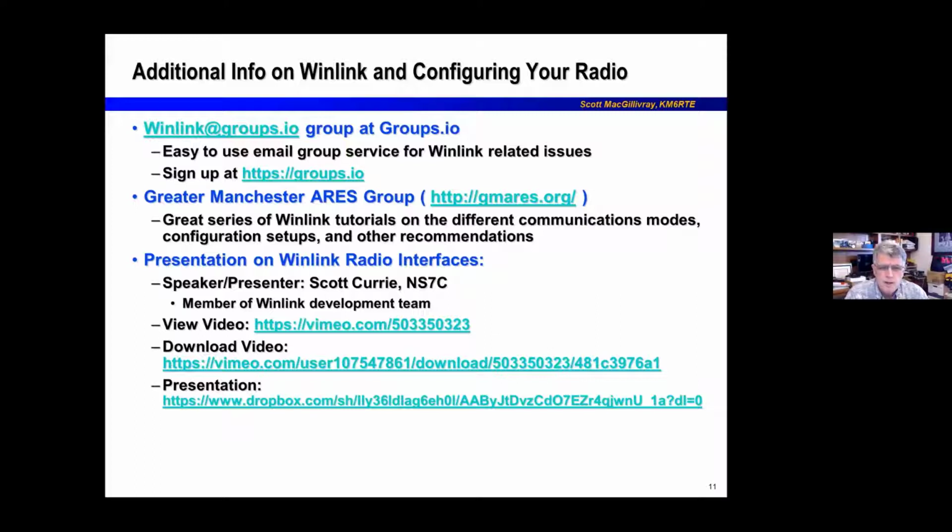But it's a great way of catching up on what's going on within Winlink, and also a good place to post some general questions or specific questions. Another great resource I found is the Greater Manchester, I think Massachusetts, area group. They have a good series of tutorials on different communication modes and stuff like that. So it's just another great resource I found on Winlink.